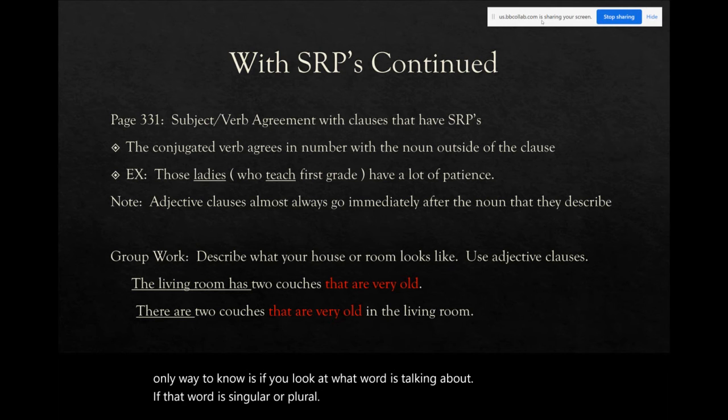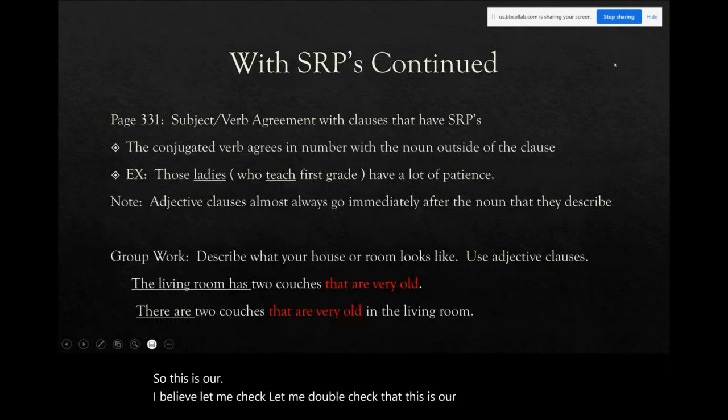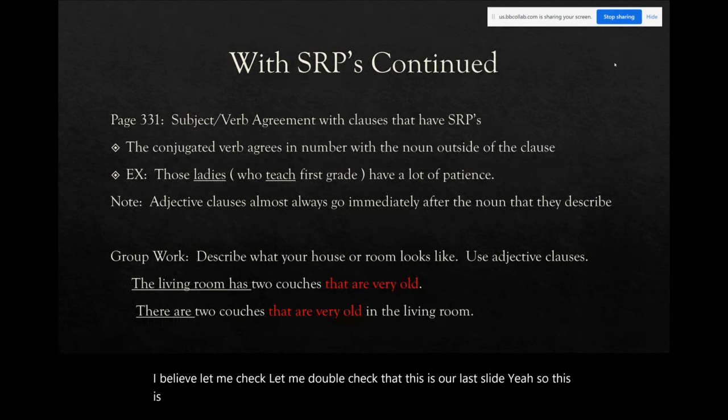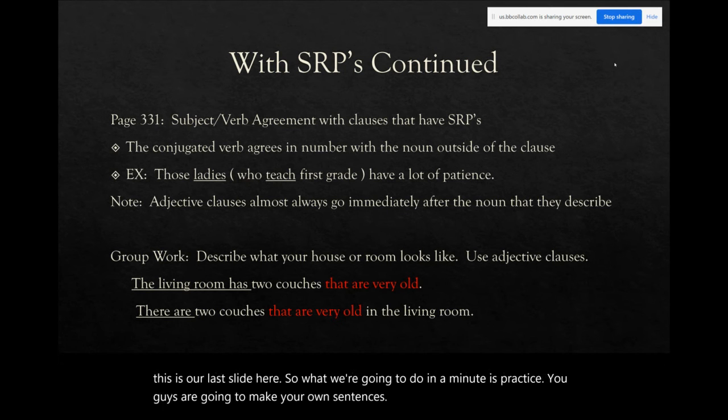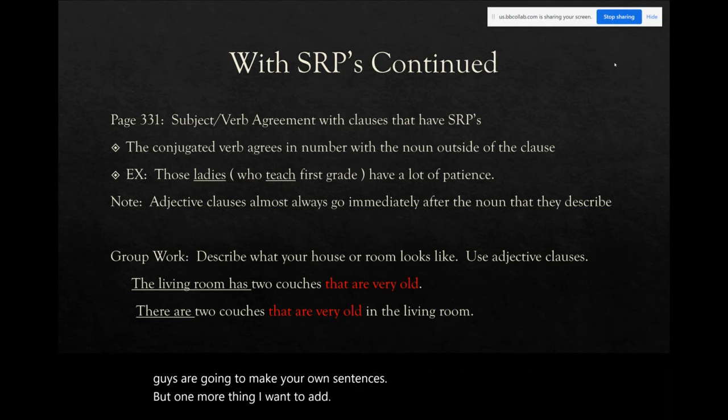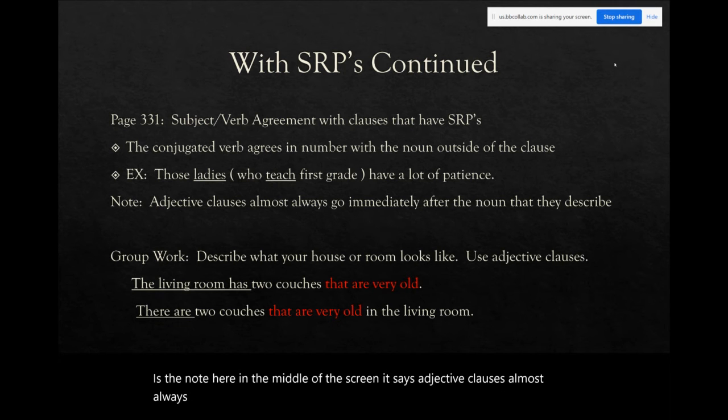So this is our last slide here. What we're going to do in a minute is practice. You guys are going to make your own sentences. But one more thing I want to add is the note here in the middle of the screen. It says adjective clauses almost always go immediately after the noun that they describe.